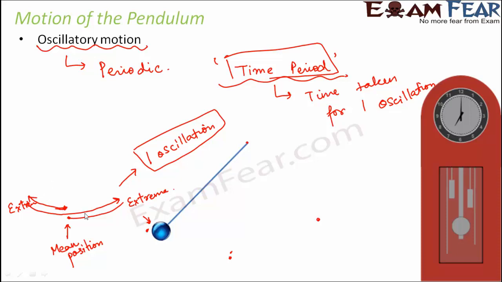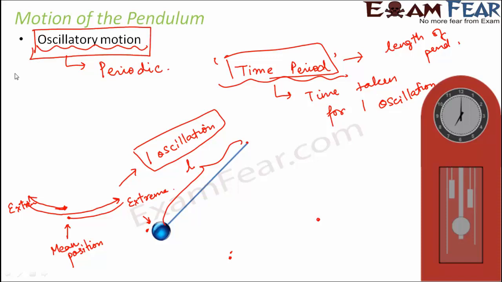Therefore the time period of a particular pendulum will remain the same, and this time period depends on the length of the pendulum. What is the length of the pendulum? That is the length of the thread of the pendulum. So you see, this is an interesting example of motion. This was a special type of motion called oscillatory motion, and the pendulum is the best example of oscillatory motion.